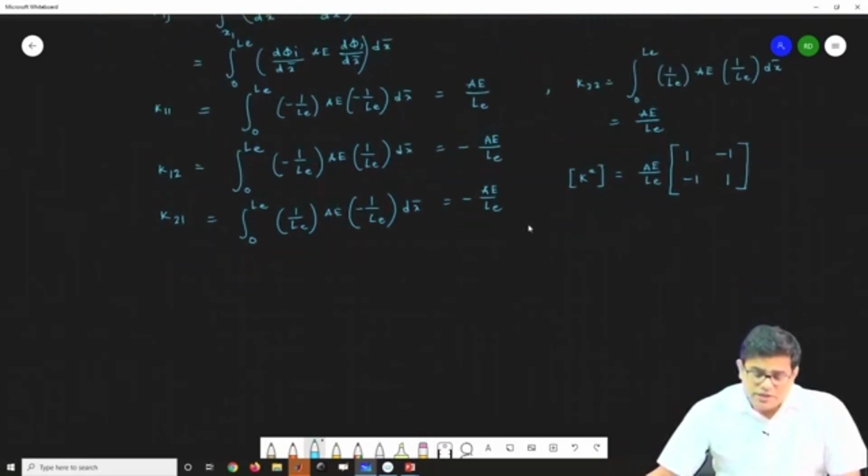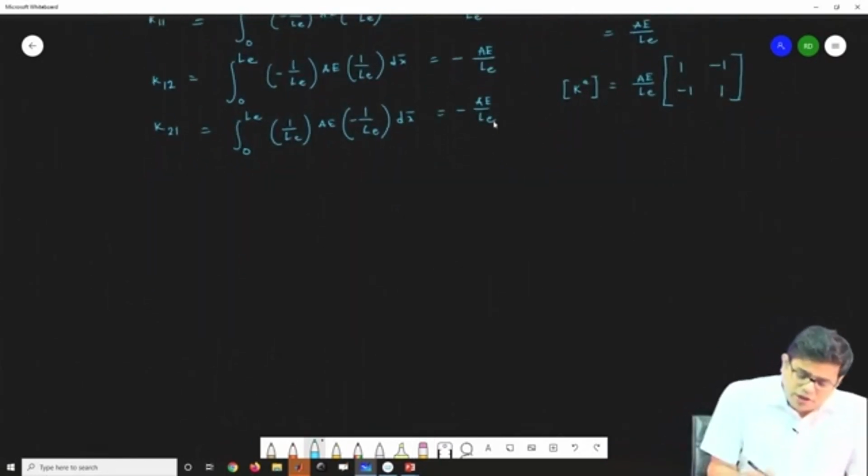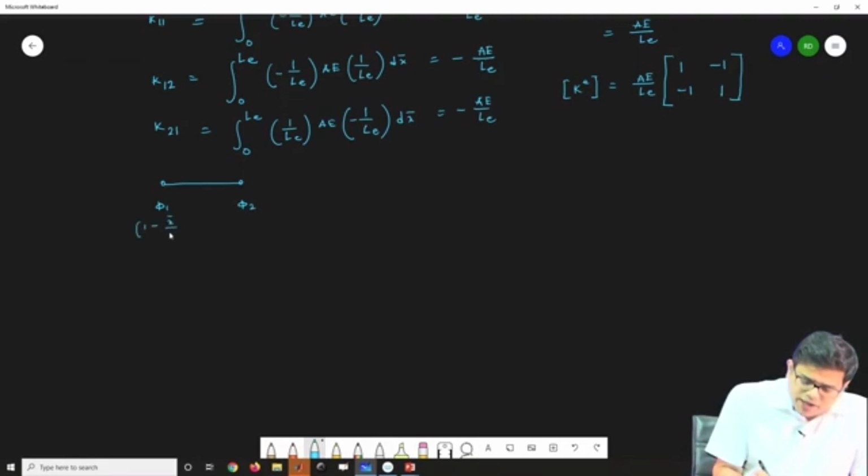It tells us the variation everywhere in the element. If you look carefully, writing phi 1 and phi 2 in this form, phi 1 is 1 minus x bar by LE and phi 2 is x bar by LE.